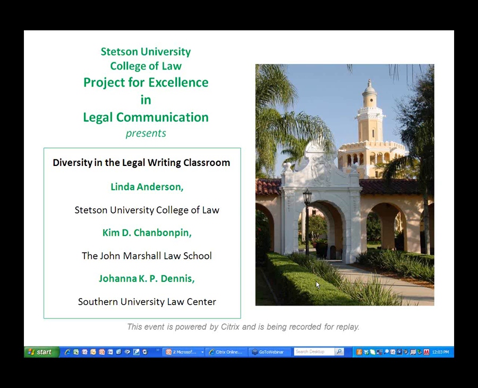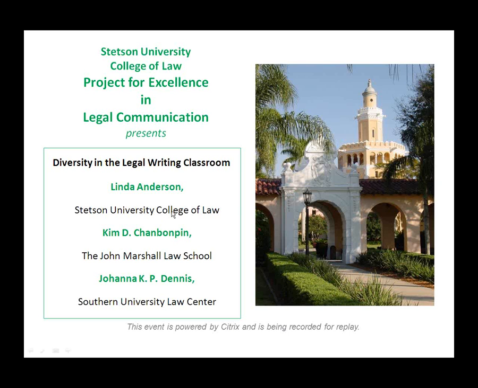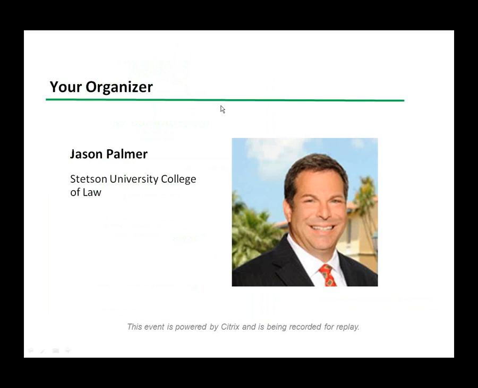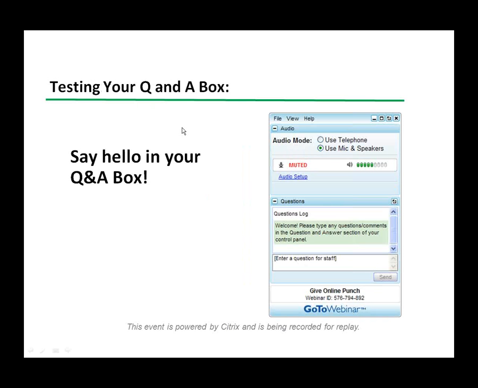Before we get started, let me just make sure that everyone can hear us. Let me go to testing your Q&A boxes. If everyone can look on the right side, they should see a Q&A box, or question box, where it says questions.